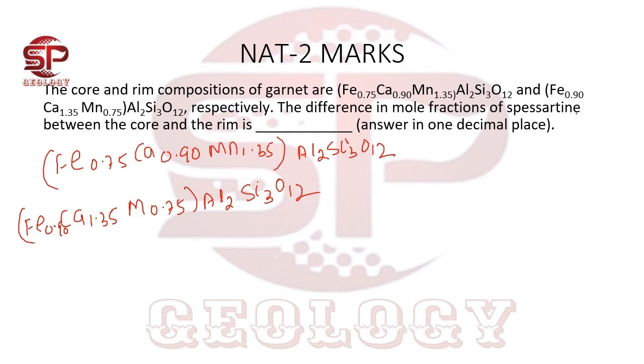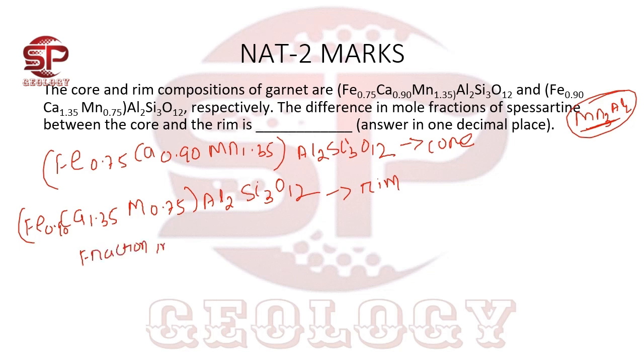So spessartite is Mn bearing, Mn3Al2. So from Mn3, how many fractions are present here? Here 1.35 present, here 0.75 present. So I have to calculate the fraction. So this is your core, this is your rim. So first we'll calculate the fraction in core. It will be 1.35 by 3.